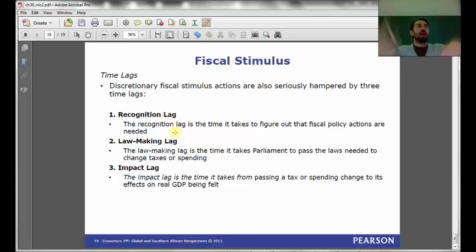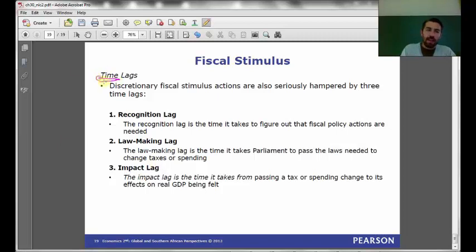There's still going to be quite a long time before that actually has an impact on the economy. So there's a recognition lag, there's a lawmaking lag, and finally there's an impact lag. So it takes a long time for a change in government fiscal policy to actually result in a change in the economy.